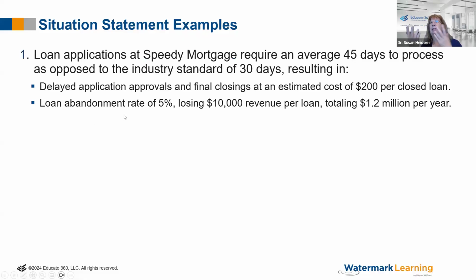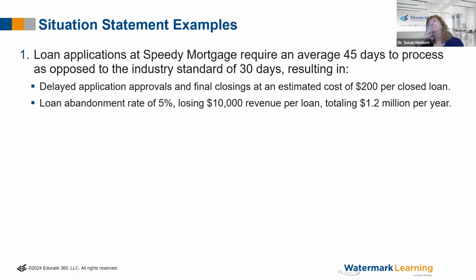So here's kind of a statement. It doesn't have to be big. I like bullet points. I'm a bullet point person. Looks better on a PowerPoint too. So this is just an example. Loan application and speedy mortgage require an average of 45 days to process. Industry standard is 30 days. It's like, okay, well, if I left it there, I would just say, okay, well, it's only 15 days more.